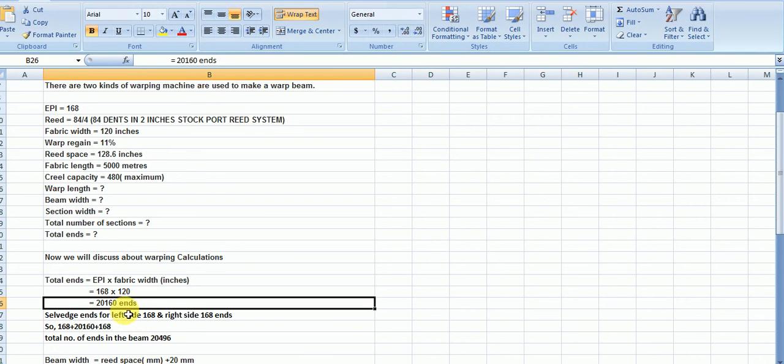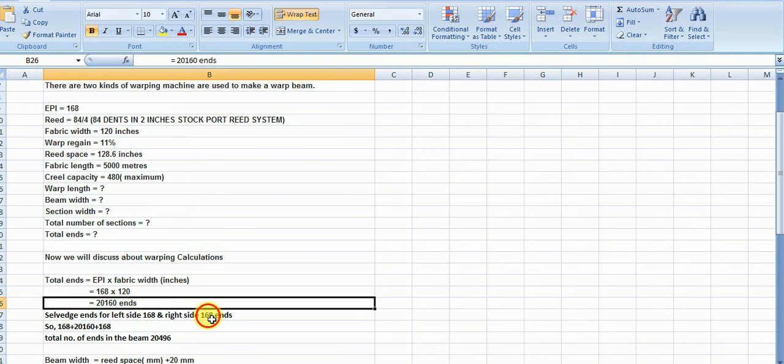Now this is only the body ends, and then we also have to add selvage ends on both sides, that is the left side and the right side. I have taken 1 inch on each side, the same as the design, or you can take 6 per dent also, but normally it will come to about 0.775 inches.